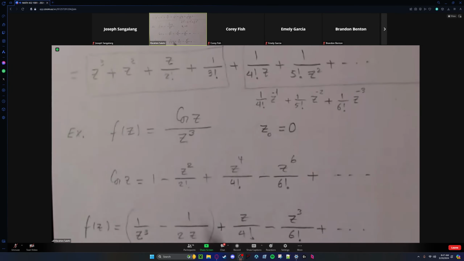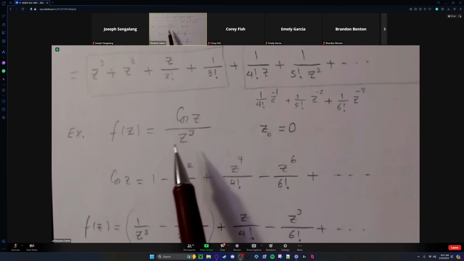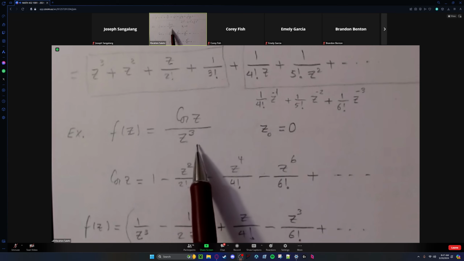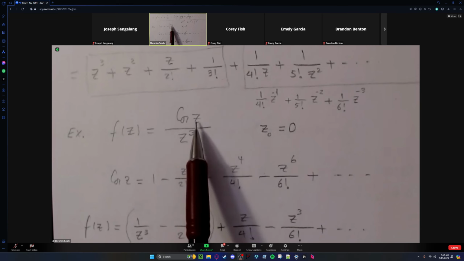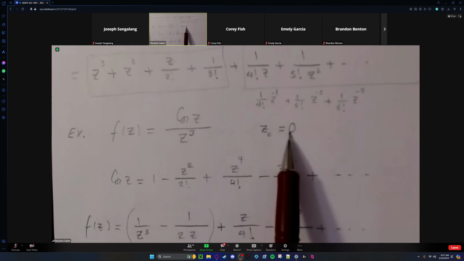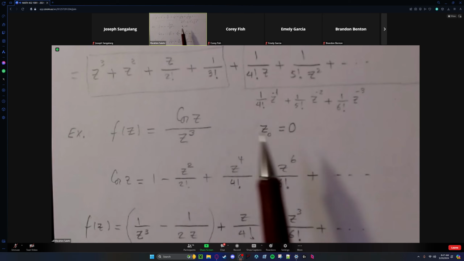Well, of course, you could have said it right here, just by looking at the function. Because numerator is fine and numerator is not 0 at 0, cosine of 0 is 1.